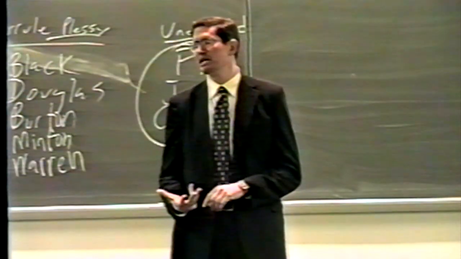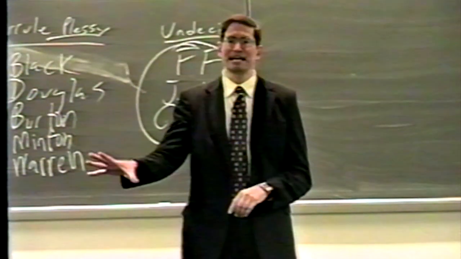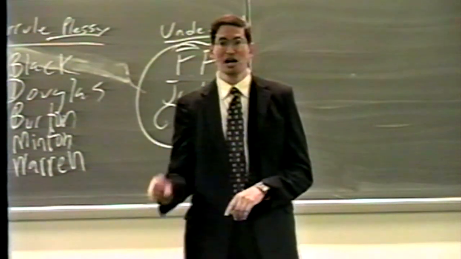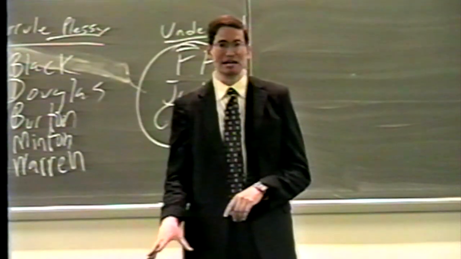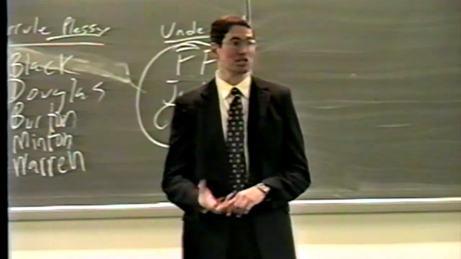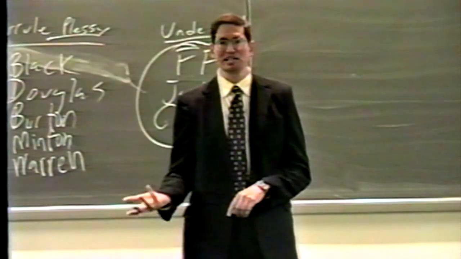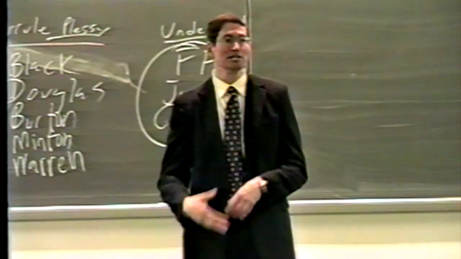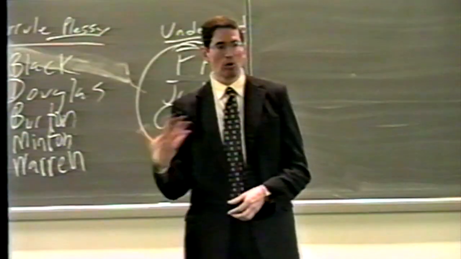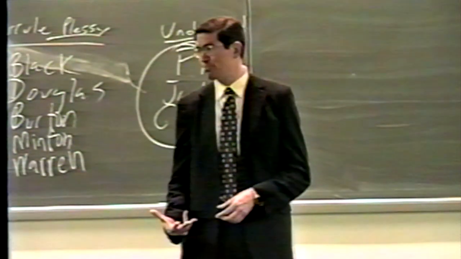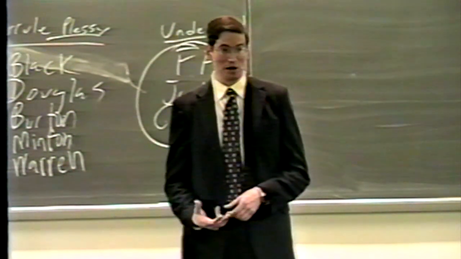The NAACP in 1950 said, we're not taking any more equalization cases. We think equalization is demanding a better form of segregation, and we're not interested in that. So what they said to these local blacks was, we're willing to take your case, but only if you're willing to go to the next step and demand integration.